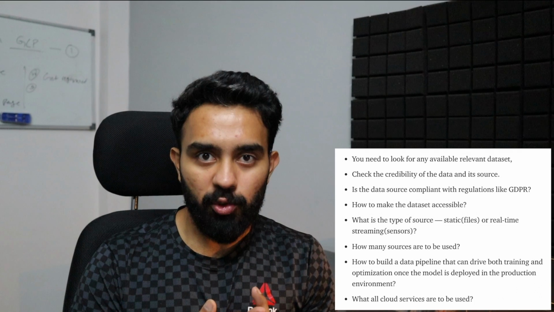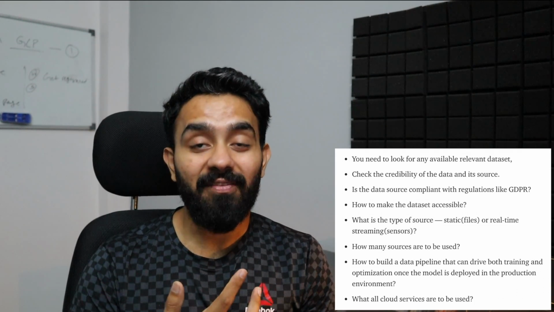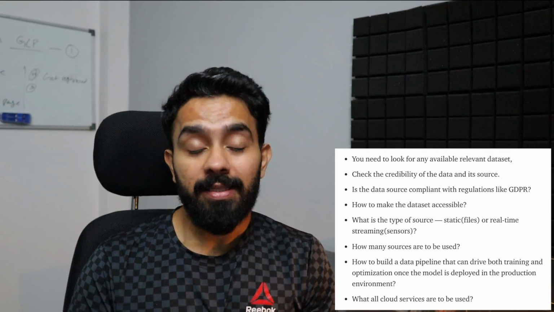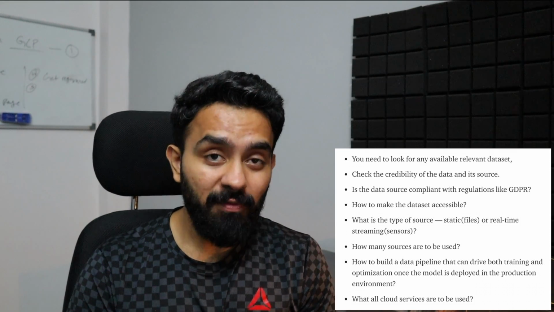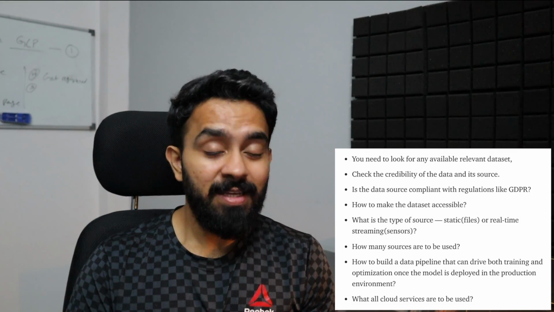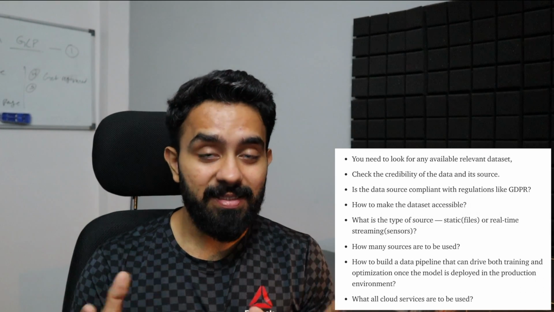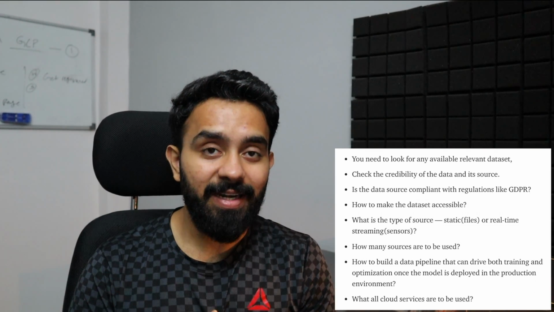Now, once your objectives and your problem is clearly defined, the second step is to architect machine learning and data solutions for your problem. So here you need to find out a relevant data source, if there is any available relevant data set. Then you have to check for the credibility of the data and its source, check if the data source is GDPR compliant and if the data is coming from the right source or not.